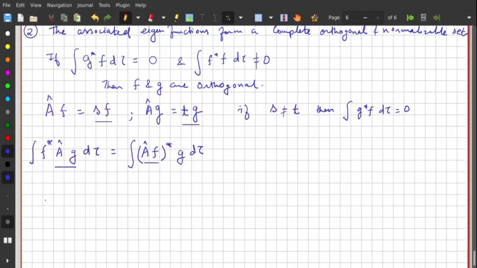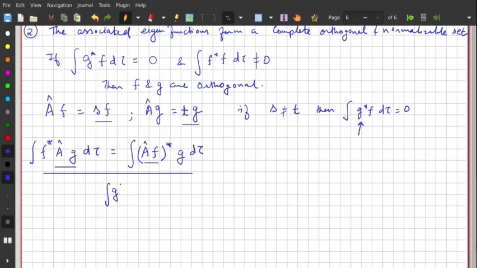If we just use that substitution, this will become... let's rewrite this in a different form, because what we want to show here is g star, not f star. So it will just slightly change the way we write the Hermitian operator. It's one and the same.